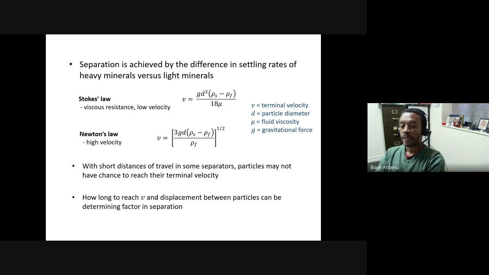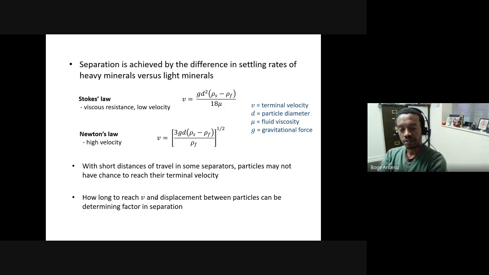Okay, so in any case, all that we do in gravity separators is to somehow find a way of creating different settling rates for different minerals. So again, typically if specific gravity or density is the factor, we just find an optimum condition for light particles to settle at a different rate to that of heavy particles or heavy minerals.